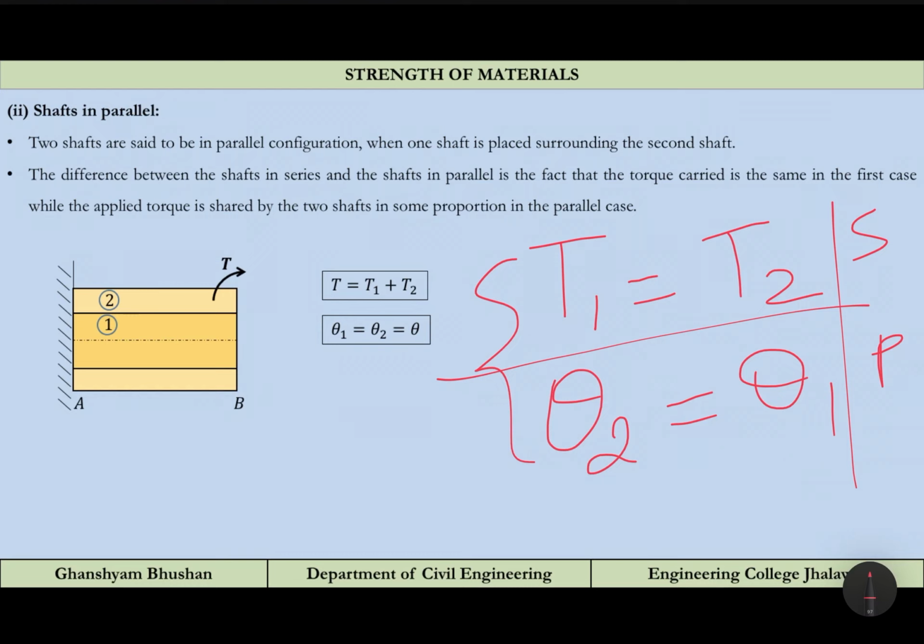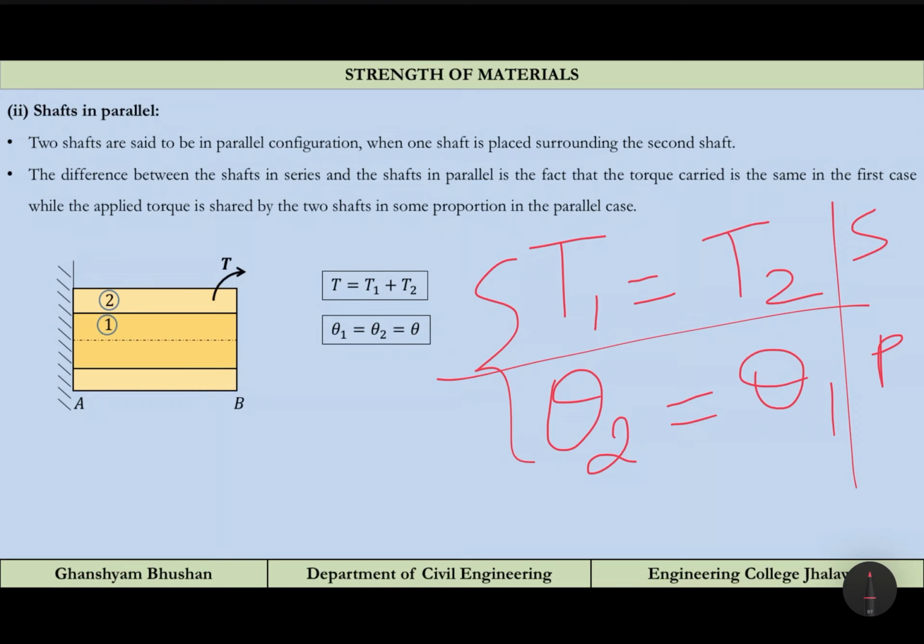Two shafts are said to be in parallel configuration when one shaft is placed surrounding the second shaft. The difference between shafts in series and in parallel is that the torque carried is the same in series, while the applied torque is shared by the two shafts in some proportion in the parallel case.